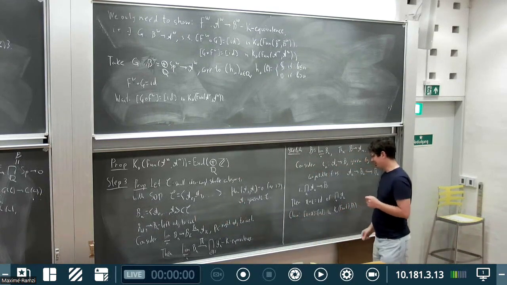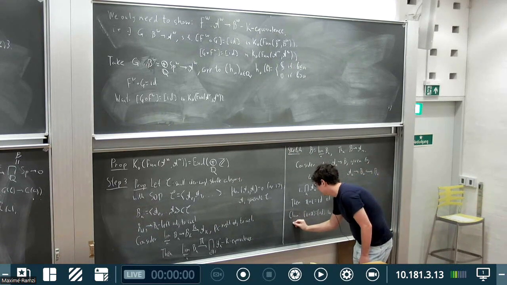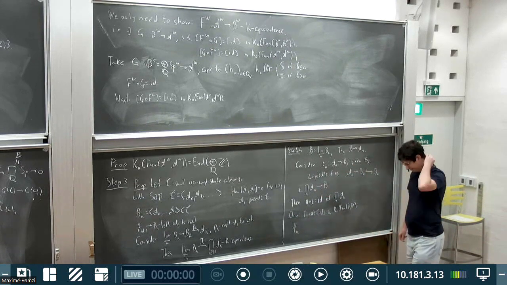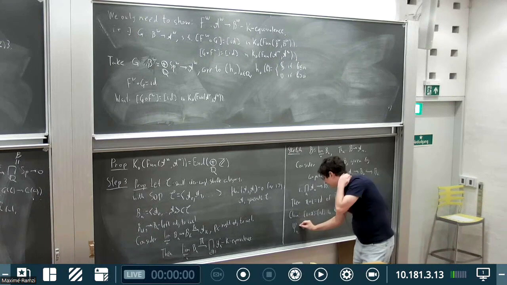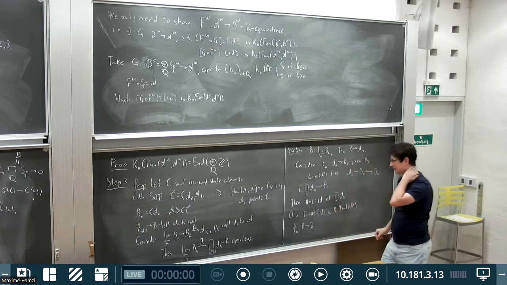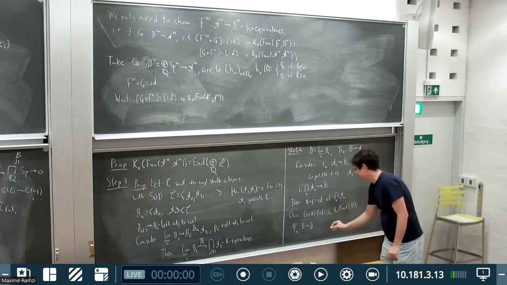And basically, what you do is you consider these functors, let's call them psi n, from B to itself. And this is the composition.